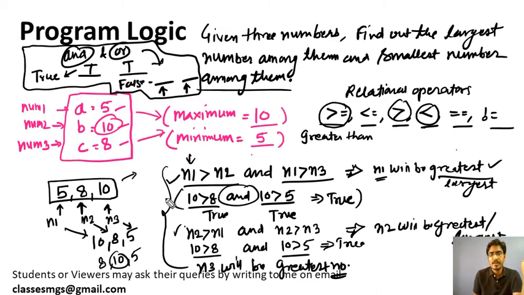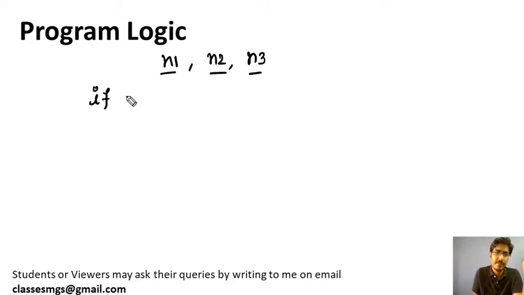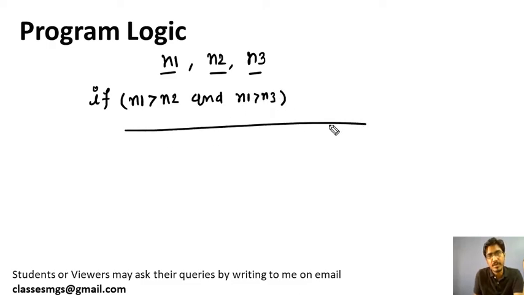Let me write down some flow chart and if else conditions so that you can get a clear idea. I am just deleting this whole stuff and building it like this. Let's suppose n1, n2 and n3 are the three numbers given by the user. Now we will use the if condition. If n1 is greater than n2 and n1 is greater than n3, that means n1 is the greatest number.